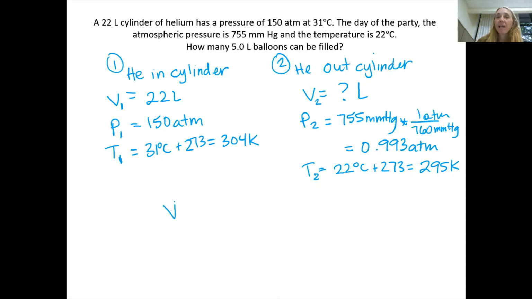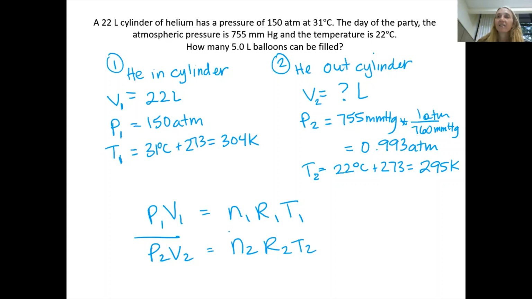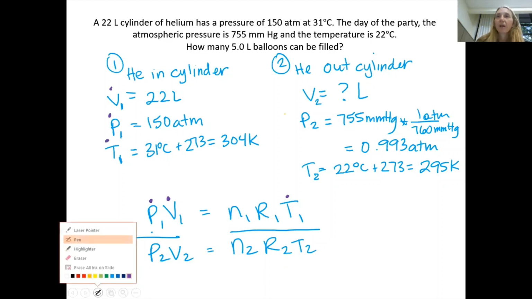Now remember, I take P1V1 equals N1R1T1 divided by P2V2 equals N2R2T2. I have volume, pressure, and temperature over here, and over here I want to find volume.